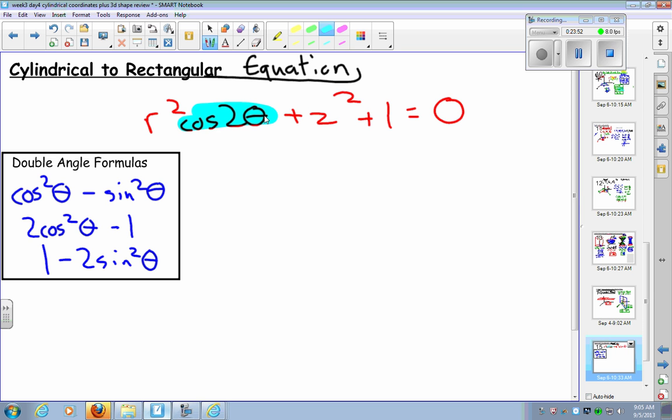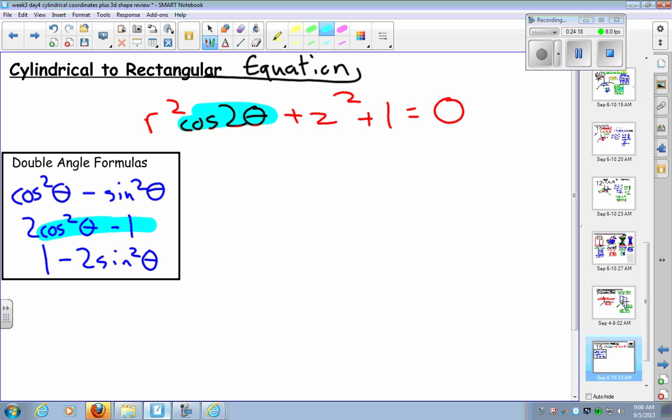So we got to use one of these 3 double angle formulas. And it does not matter which one you use. The top one, you're probably going to be changing things with an x and a y. The middle one would be all about x's, and the bottom one would be about y's. Me personally, I would not use the top one because I don't want to add x's and y's to the story. I'd rather just add one of them.